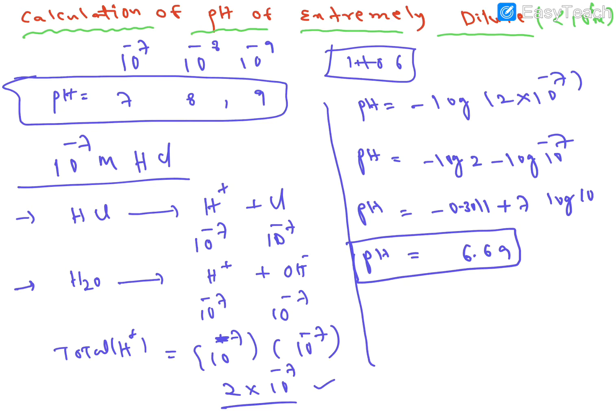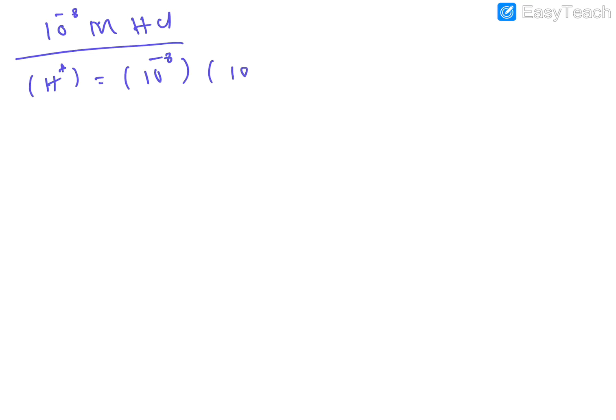So we can take 10 to the power of minus 8 molarity of HCl, and calculate that pH. Here we know that the H plus concentration from the HCl is 10 to the power of minus 8, and here 10 to the power of minus 7 is from water.